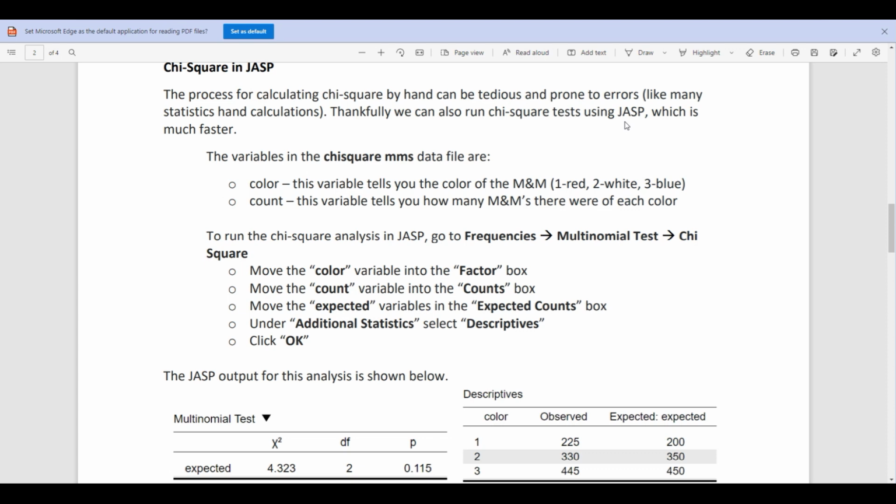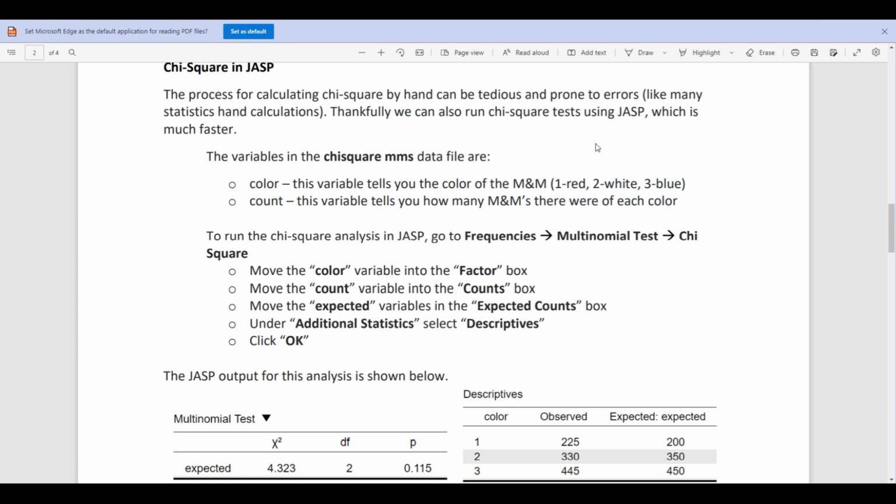Calculating chi-squared by hand can be tedious and prone to errors, just as many statistical hand calculations can be. Thankfully, we can also run chi-square tests using JASP, which is much faster and more efficient.